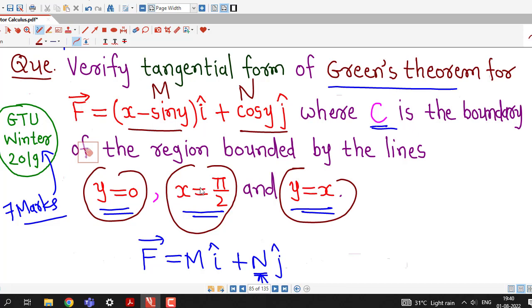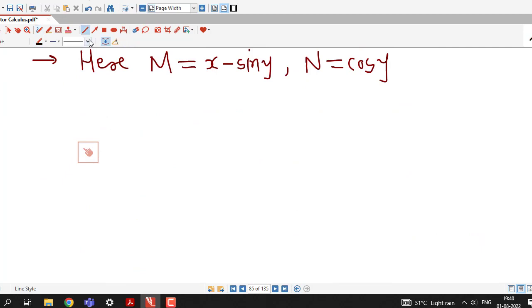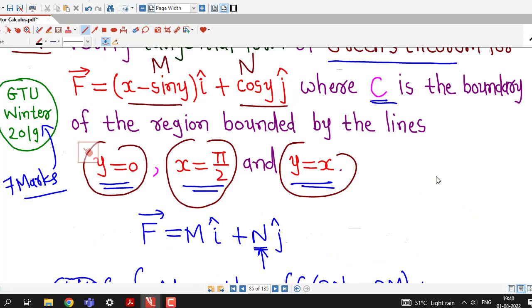So first we sketch this region bounded by these 3 lines, then we will have idea about the given curve C. So given region is simple, it is a 2-dimensional region in the xy plane. First we sketch this x axis and y axis, and we are given 3 lines.